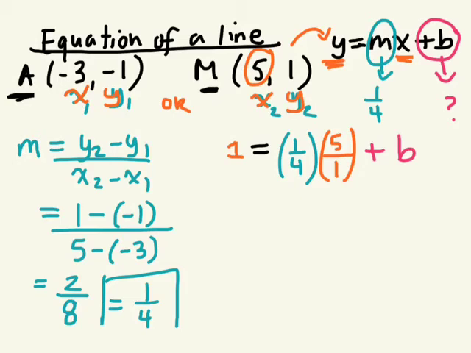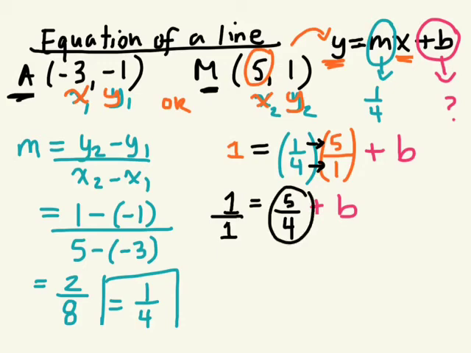Now we have one unknown variable. I can solve this. Okay, let's simplify. 1 is equal to, well, what's 1/4 times 5? 1 times 5 is 5, 4 times 1 is 4. Let's write 1 as a fraction, 1 over 1, plus b. How do I isolate for b? How do I get rid of this?